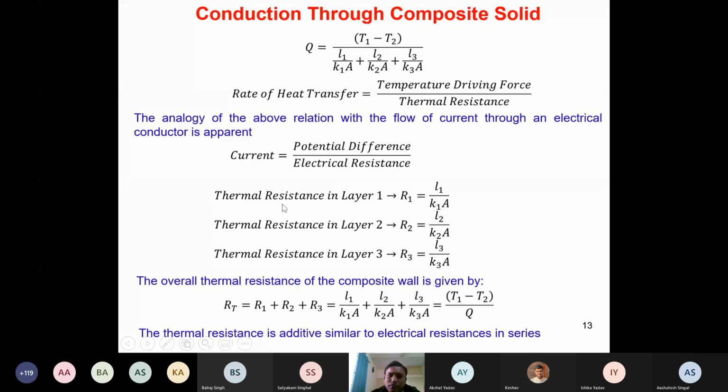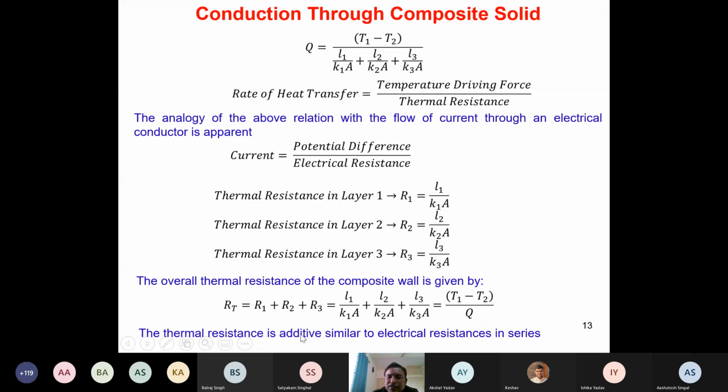Okay. So thermal resistance in layer 1, R1, is going to be L1 divided by K1A. Thermal resistance in layer 2 is L2 divided by K2A. And similarly, the thermal resistance in layer 3 is R3, which is L3 divided by K3A. All three resistances are additive, and the sum is given as the temperature difference divided by Q, where Q is the net heat transfer.